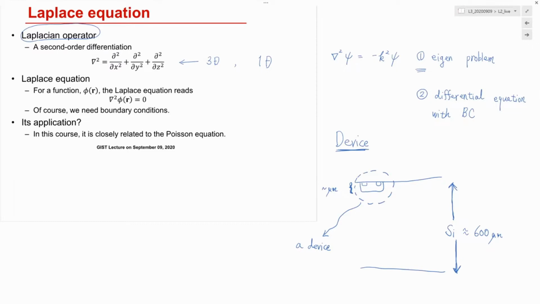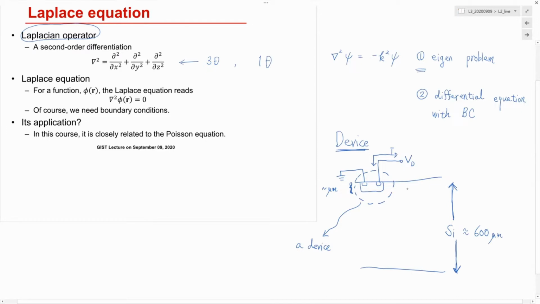When it functions according to our intention, if we apply certain voltages to this region and another voltage to this region, that can introduce certain electrical reactions, like current flowing through this line.